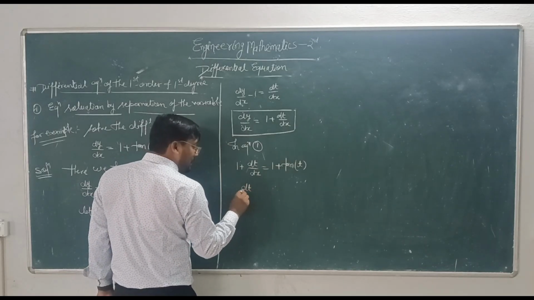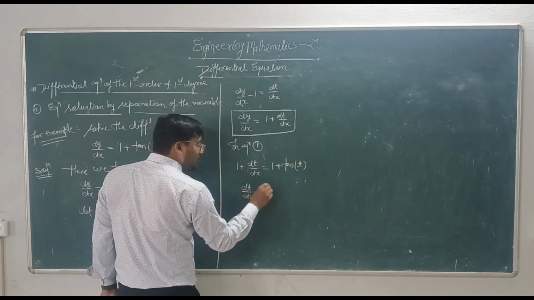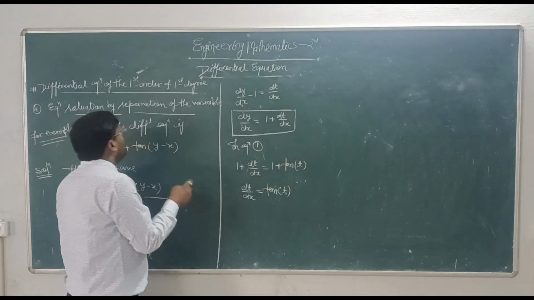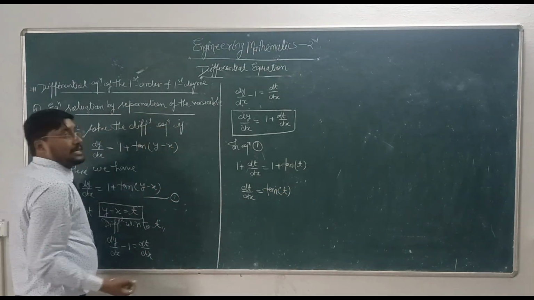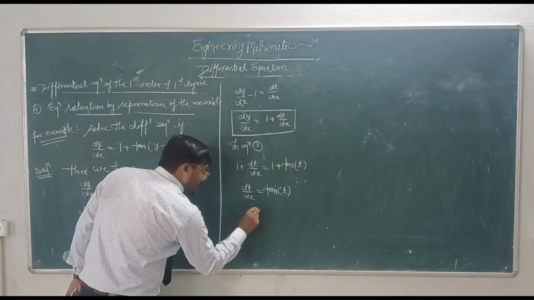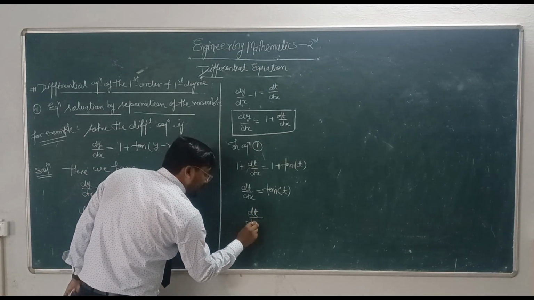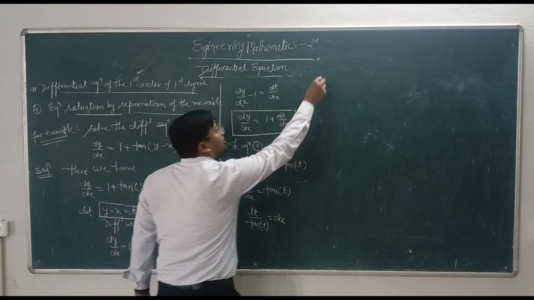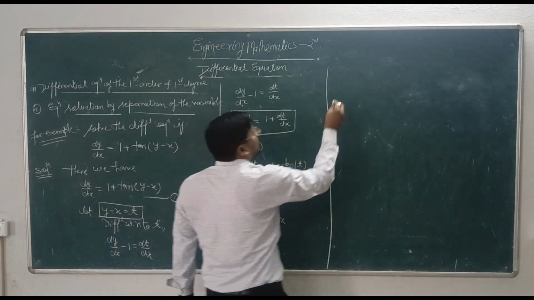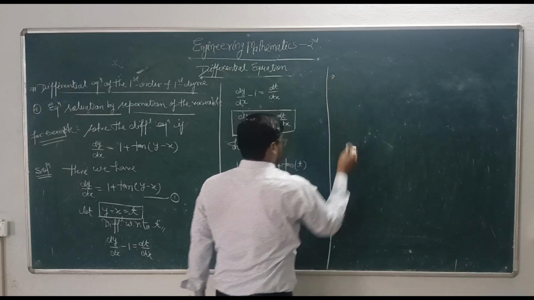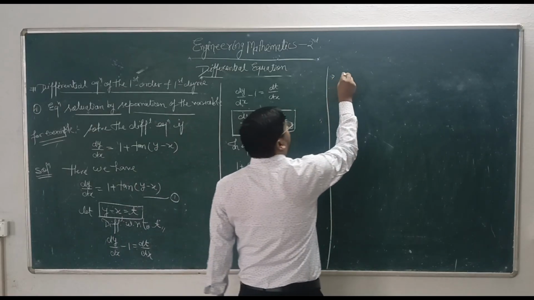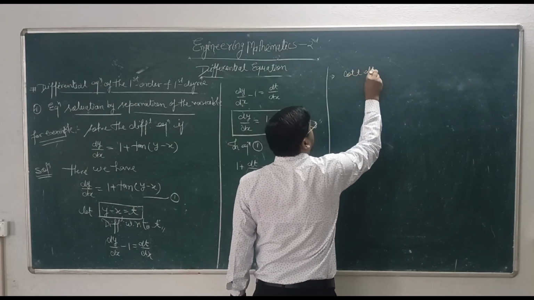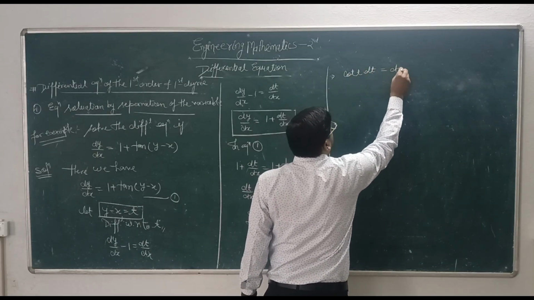This means dt by dx is equal to tan t. Now by separation of variables, dt upon tan t is equal to dx, and 1 by tan t is equal to cot t. Now cot t dt is equal to dx.